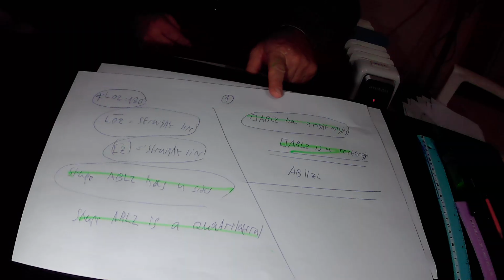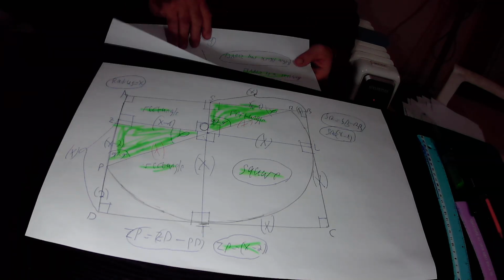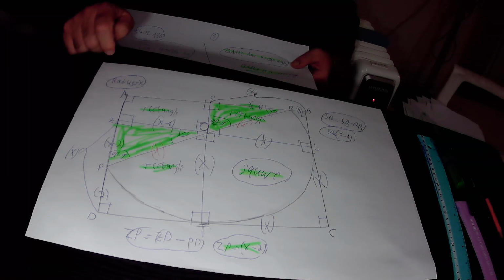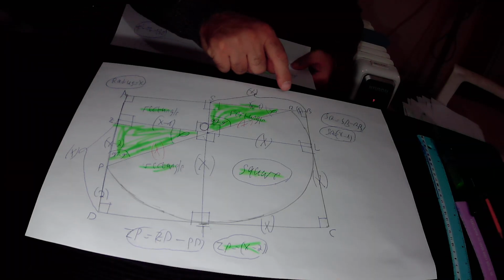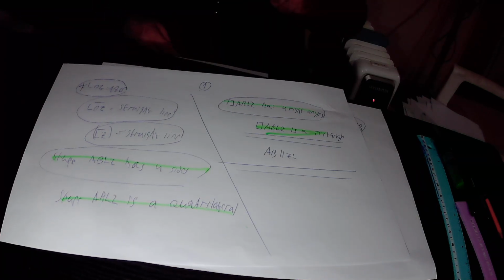In quadrilateral ABLZ, we have 4 right angles, and therefore quadrilateral ABLZ is a rectangle according to Rule 5 that says that any quadrilateral that has 4 right angles must be a rectangle, if not a square. So in the upper small rectangle ABLZ, the opposite sides are parallel to each other. This is to say side AB is parallel to the opposite side ZL.